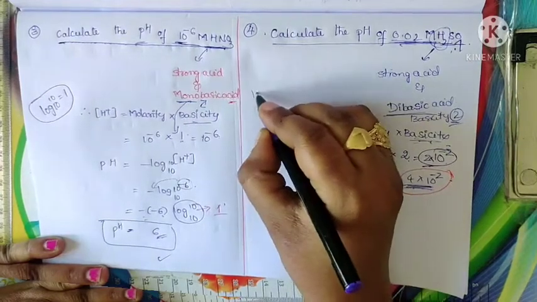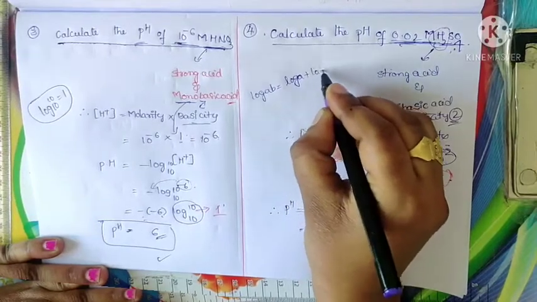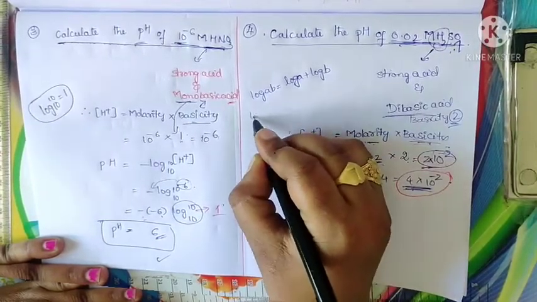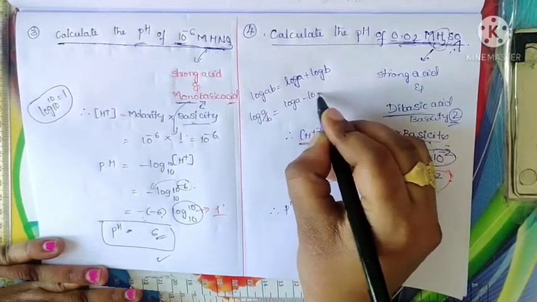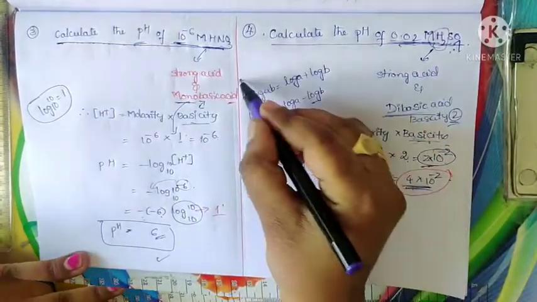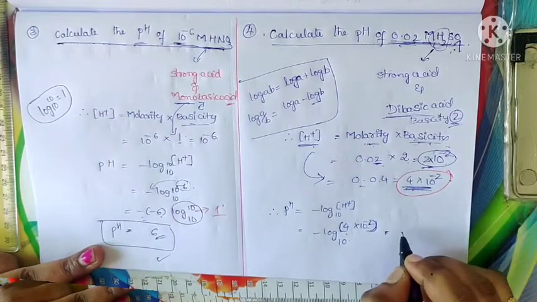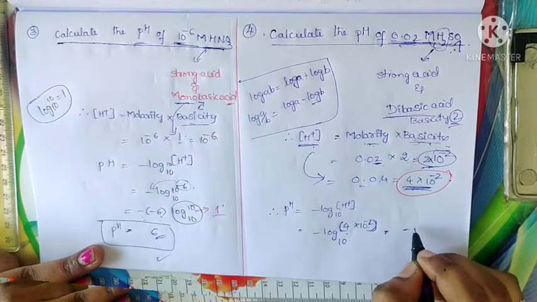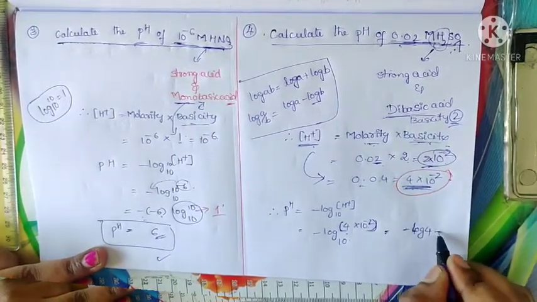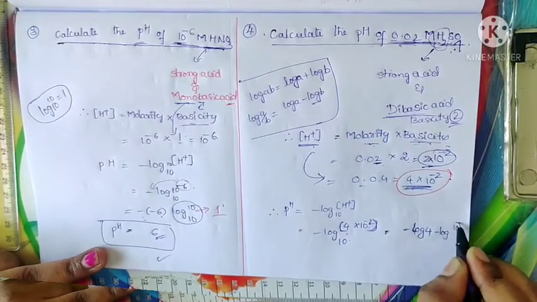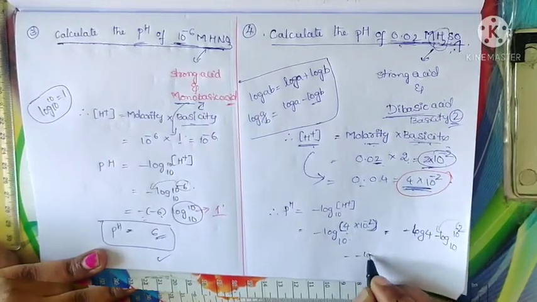Log AB equals log A plus log B, and log A by B equals log A minus log B. So in the form log AB, we write log A plus log B, where A is 4 and B is 10 power minus 2. So I divided like this, into log A and log B form.